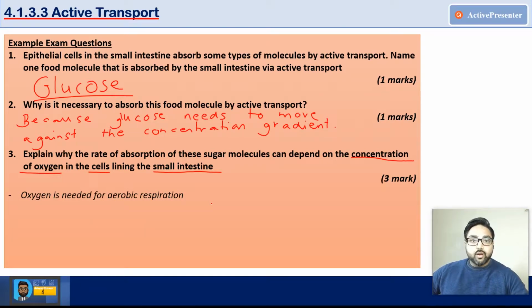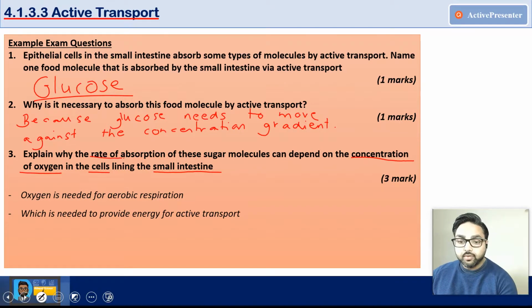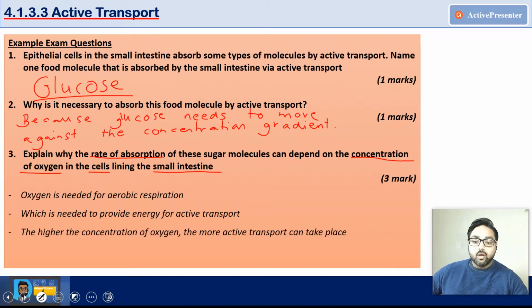And why do we need aerobic respiration to take place? We need it for energy, which is needed to provide energy for active transport, okay? And therefore, we need to make the link of explaining why the rate of absorption depends on the concentration of oxygen. The higher the concentration of oxygen, the more active transport can take place.